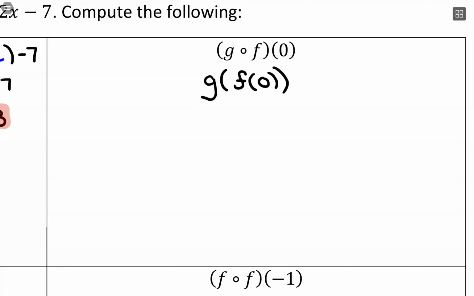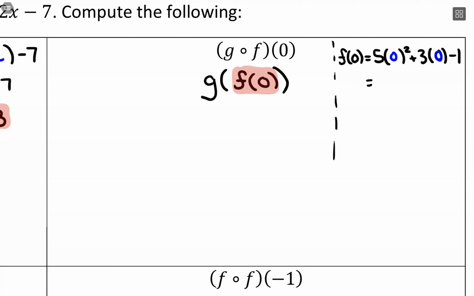All right, so what we're going to do is simplify the inside, so I'm just going to focus on that f of 0, and I'm going to do some side work to find out what f of 0 is equal to. So we're taking 5 times the input squared plus 3 times the input minus 1, and we're inputting a value of 0.